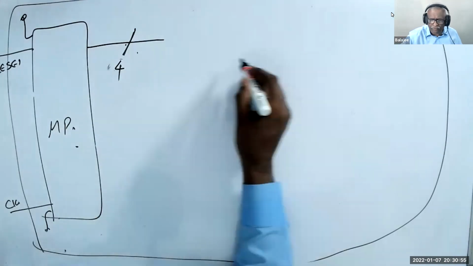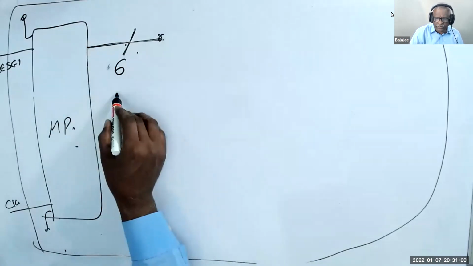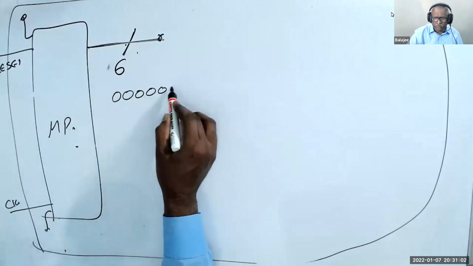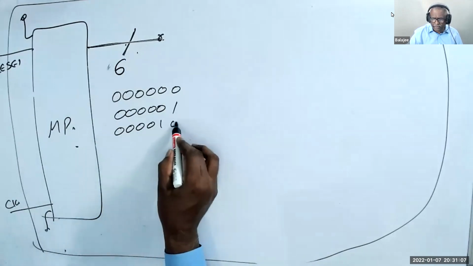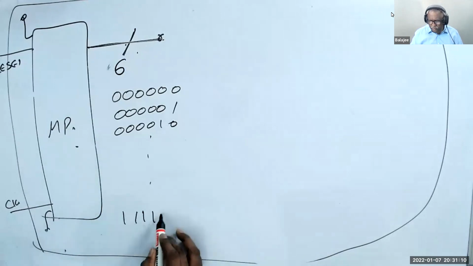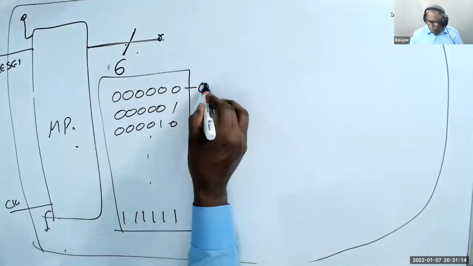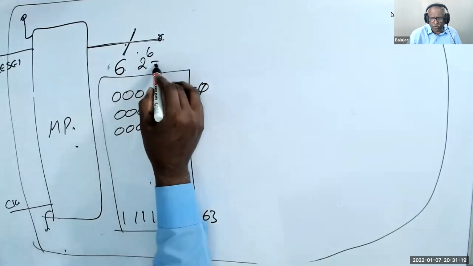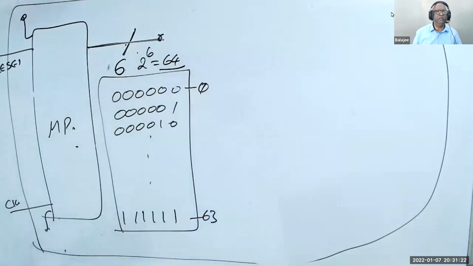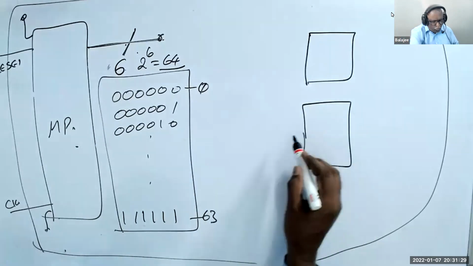Now let us assume that I have 6 wires. So the microprocessor can address from 0, 0, 0, 0, 0, 0, then 0, 0, 0, 0, 0, 1, and so on, up to 1, 1, 1, 1, 1, 1. This whole thing is from 0 to 63, because 2 power 6 is 64. Am I right? Now I have blocks here.